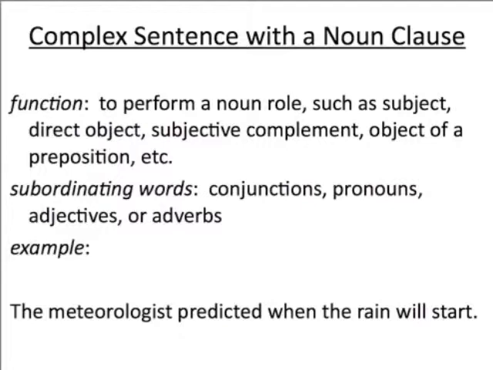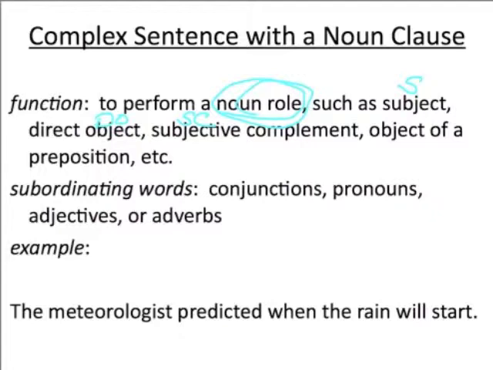So they don't modify. And because they perform a noun role, they function like a noun, which means they might be a subject, they might be a direct object, they might be a subjective complement. Because they perform a noun role, they can't be separated from the independent clause as cleanly as adjective clauses or adverb clauses usually can.